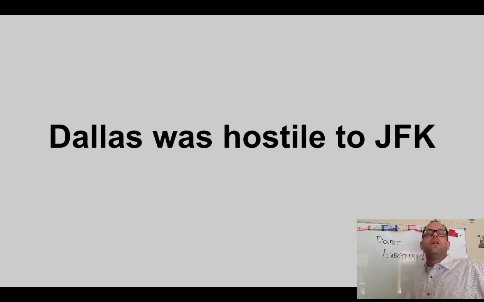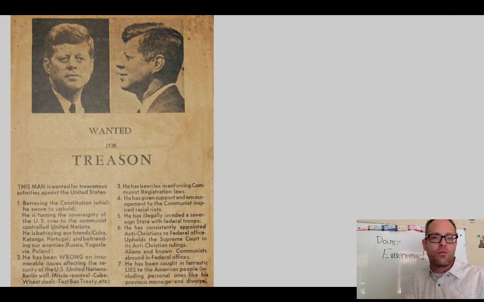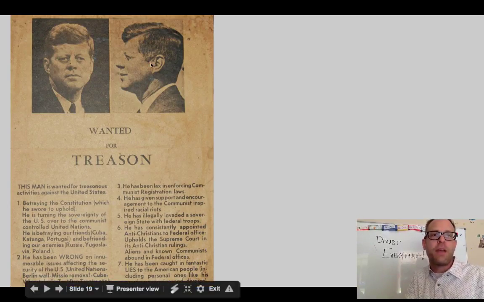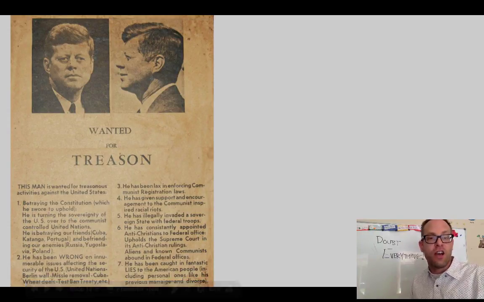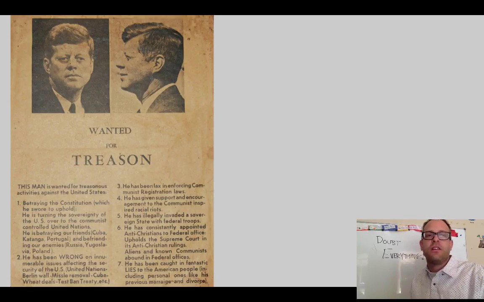Oh, one last point. Dallas itself was hostile to JFK. A couple of days before he arrived, a number of pamphlets were circulated on the street, "Wanted for Treason." This was another American group that was concerned that he was too friendly with communists. So JFK was heading into a dangerous situation.